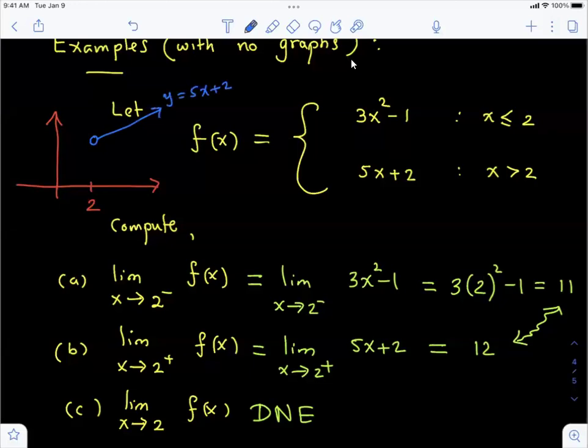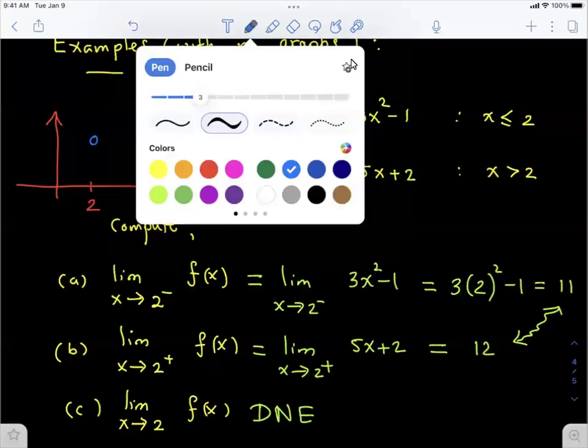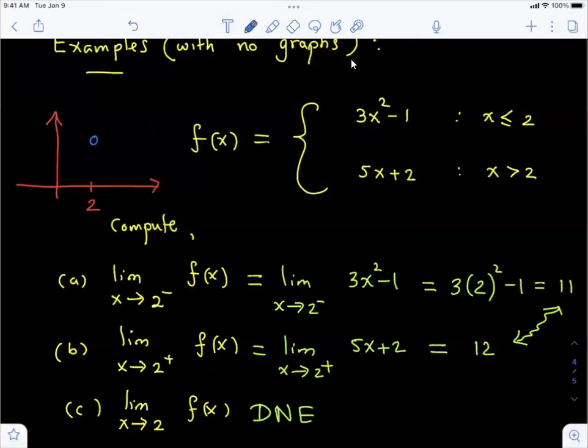It skyrockets to infinity. Let me do this to give a better graphical intuition. I will transfer this graph and draw it with more space like this.